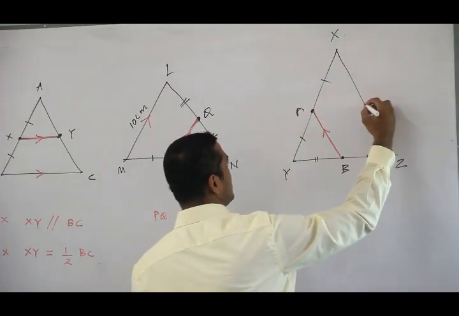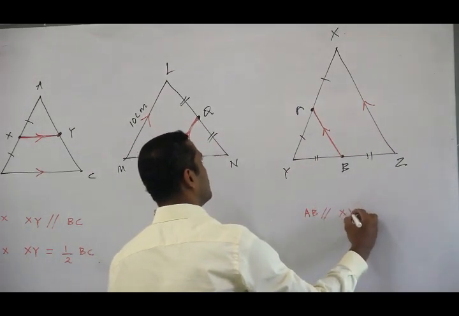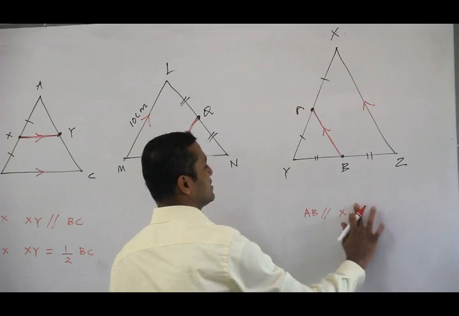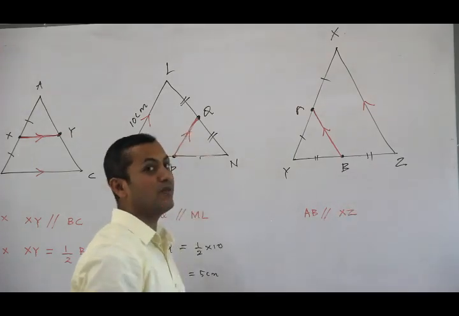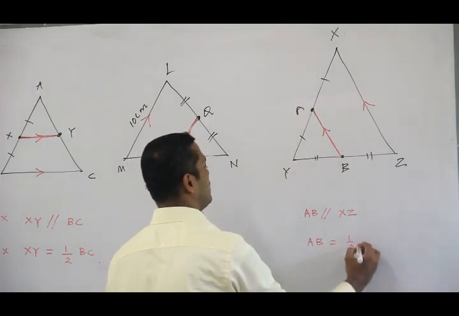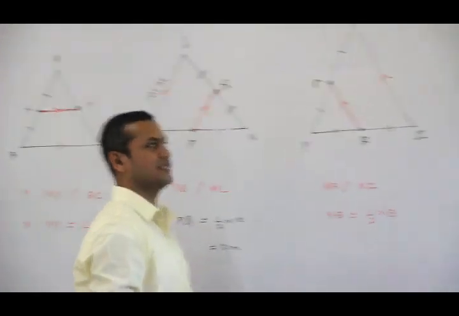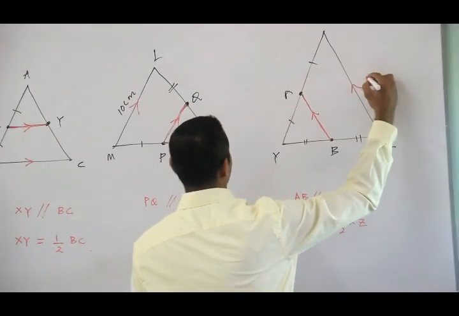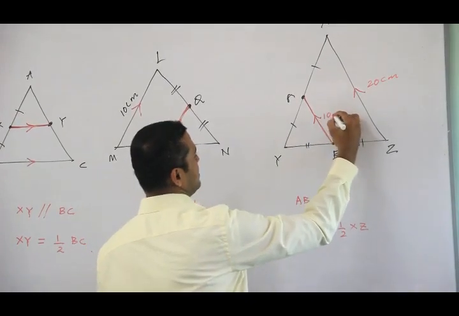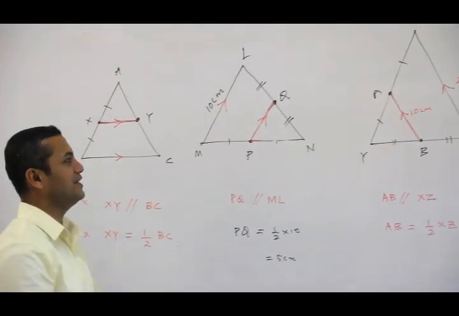AB is parallel to the third side, that is XZ. And the second part of the theorem: AB is half of XZ. For example, if this is 20 centimeter, then this will be half of it, 10 centimeter. Is that clear? That is about the midpoint theorem.